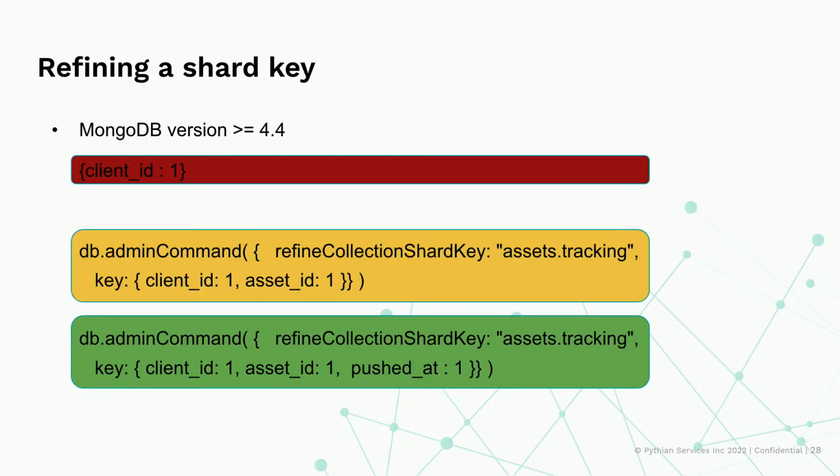But even if we initially make a decision to shard on client ID, after MongoDB version 4.4 there is an improvement that lets you refine the shard key. You can do that by running the command refineCollectionShardKey, adding the new shard key, and MongoDB will change the shard key.